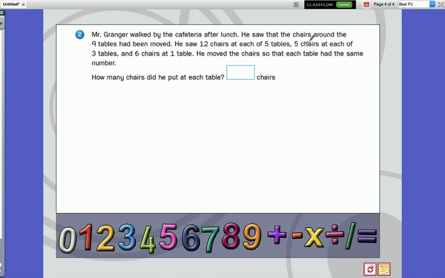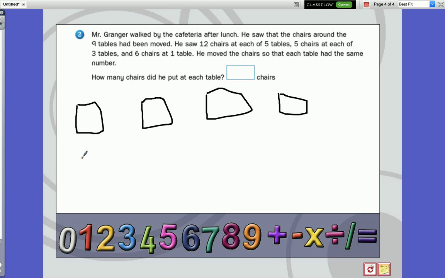Okay, so again, I'm picturing this in my mind, and I'm seeing the cafeteria, and I see that there are 9 different tables in their cafeteria. They've moved the tables all around so that there are different amounts of chairs at each table.